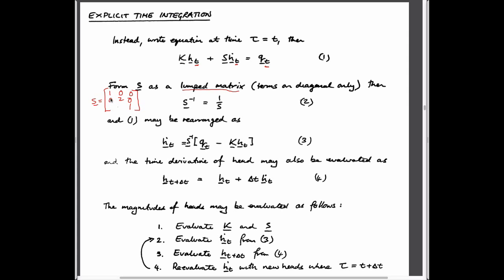This is our lumped way of looking at it. The utility of a matrix which is only the diagonal is that the inverse of that matrix is just equal to all the diagonal terms, 1 over. So S inverse is equal to 1 over 1, 1 over 2, 1 over 1, zeros on the other components.